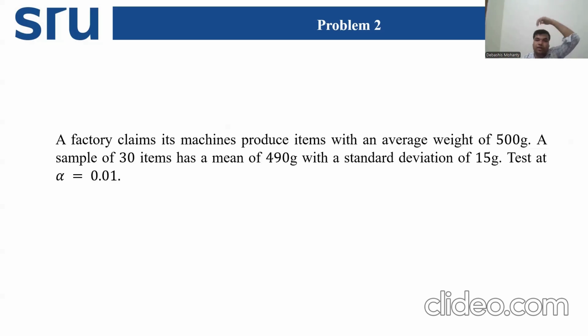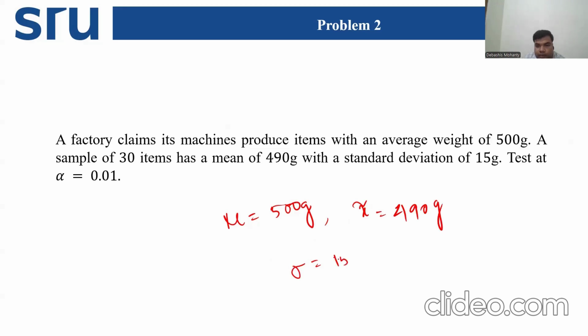Test the hypothesis at alpha equal to 0.01. So students, in this question, the average weight mu is given as 500 grams, the x bar value is given as 490 grams, and the standard deviation sigma is given as 15 grams.